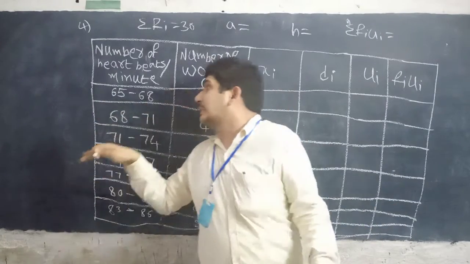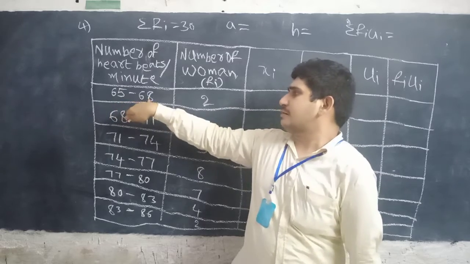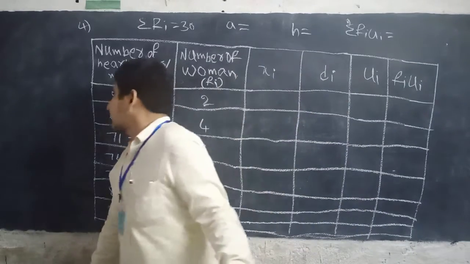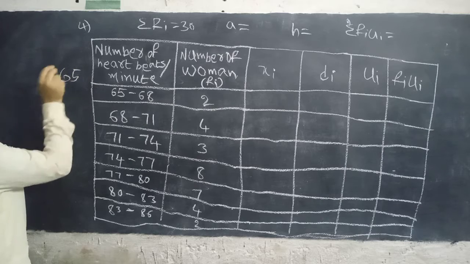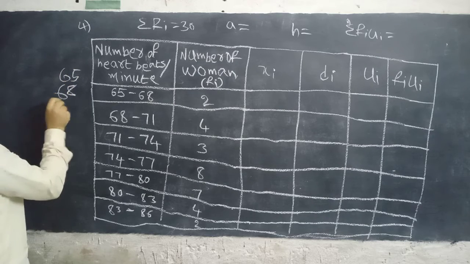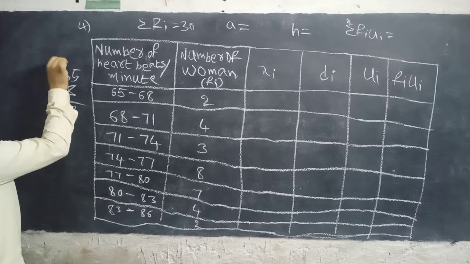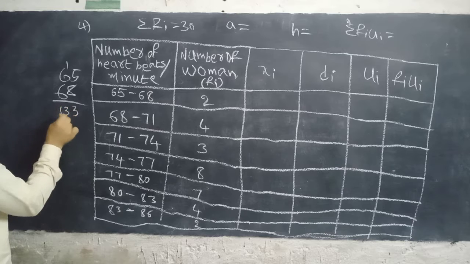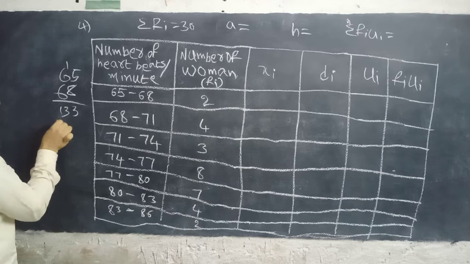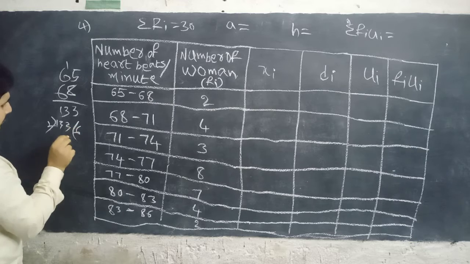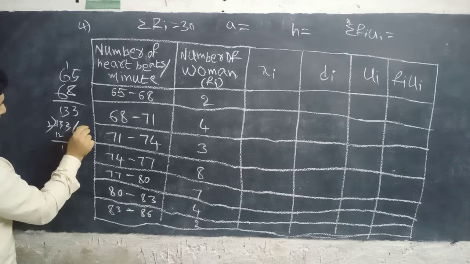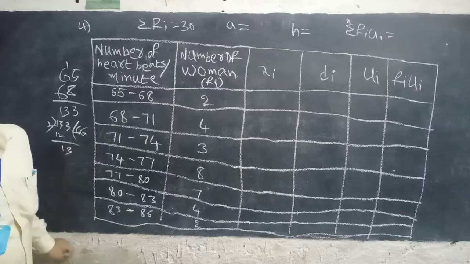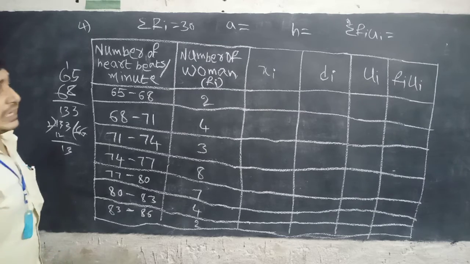Now 65 plus 68: 8 plus 5 is 13, 6 plus 6 is 12, plus 1 is 13, so 133 divided by 2, which is 66.5.